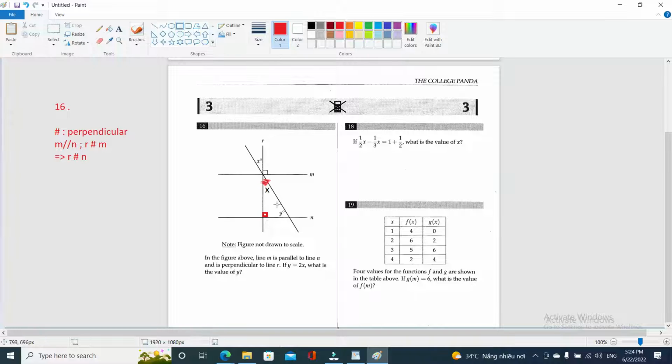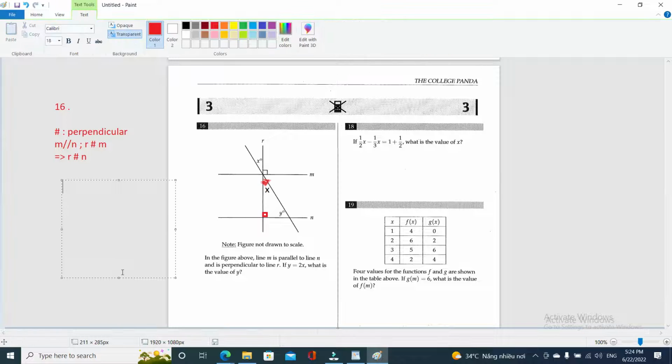It's a right triangle, right? Because they're perpendicular. We know that in a right triangle, the sum of the two acute angles is 90 degrees. So x plus y must be 90 degrees because of the perpendicular and right angle here.